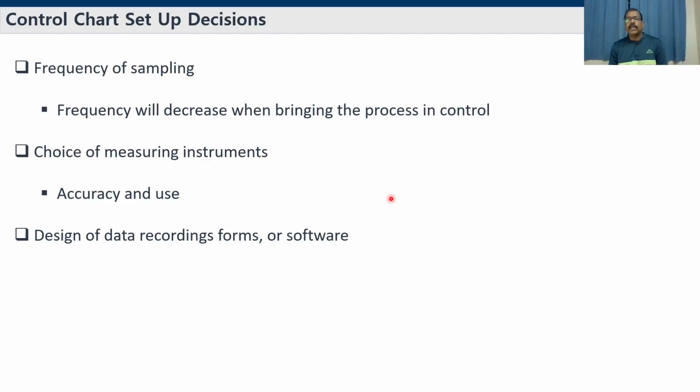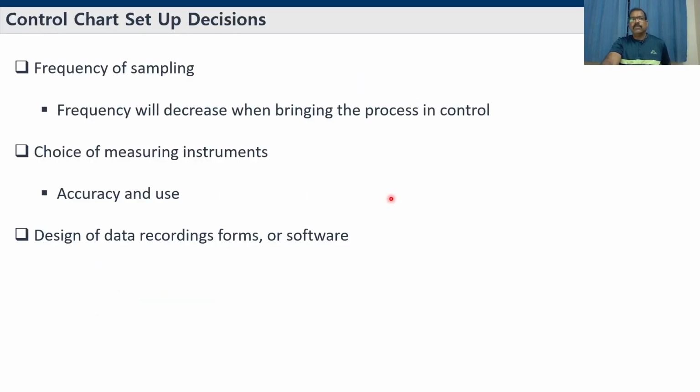Then the design of data recording forms and software: what kind of data collection method are we using, whether paper and pen, Excel, or some PDA devices or software? We have to decide, as that also impacts setting up the control chart.